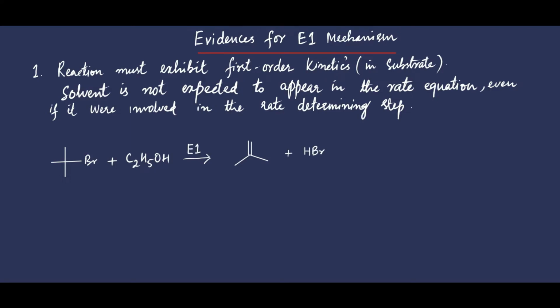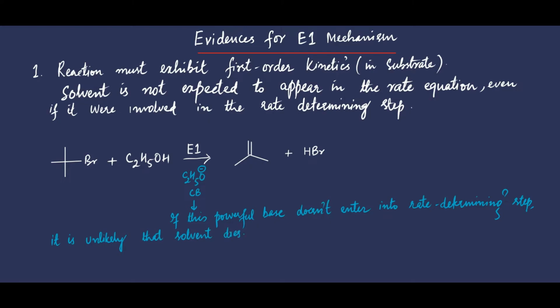We can check the involvement of solvent in the rate-determining step by adding a small amount of the conjugate base of the solvent. It is generally found that such an addition does not increase the rate of the reaction. If this more powerful base does not enter into the rate-determining step, it is unlikely that the solvent does. Such observations confirm the E1 mechanism.